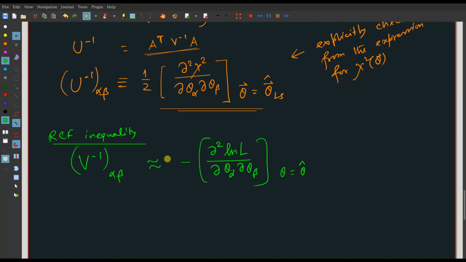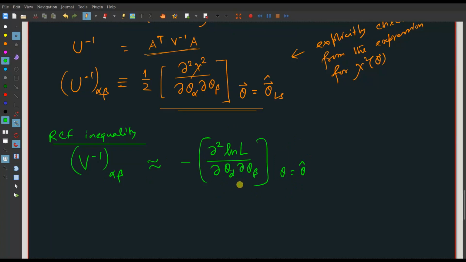If you evaluate that, then you get the covariance matrix. And we checked it explicitly from a known example, which was the example of the exponential decay. Okay, so next we checked it explicitly that this actually holds.